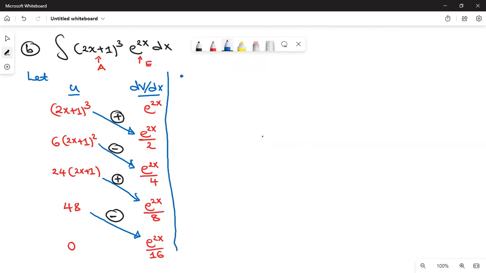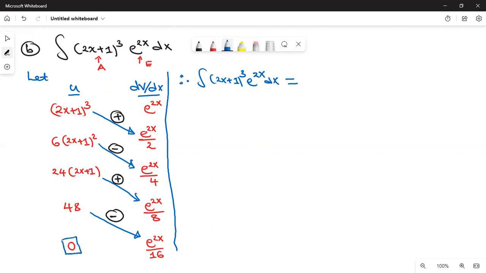So we say, therefore, the integral of 2x plus 1 cubed times exponential 2x dx is the same as, let's start with the first arrow. Remember, I have not used this.